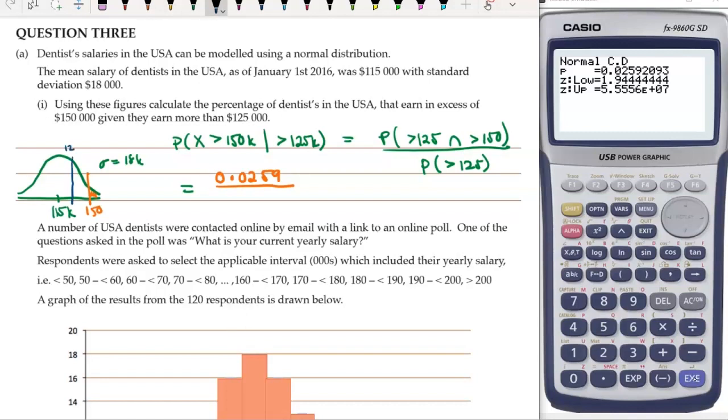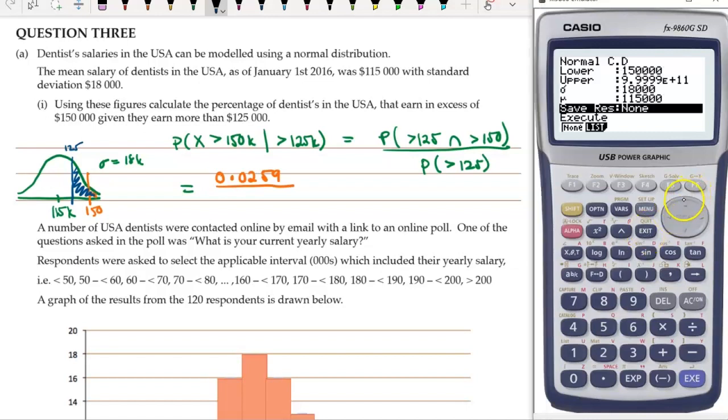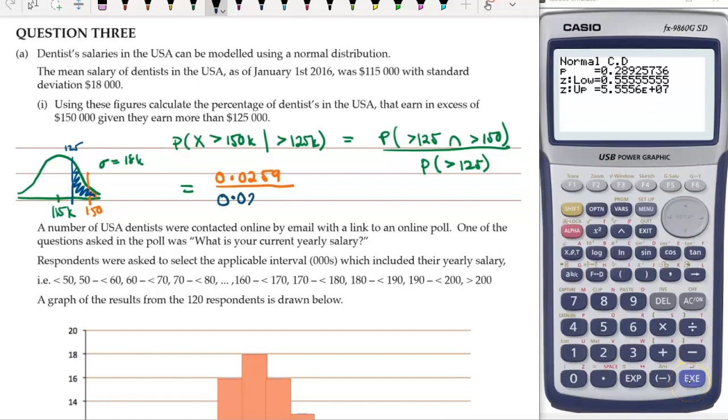And we're dividing it by the probability of being more than 125. So here's our 125 line. We want everything more than that. So same conditions, but our lower limit now is 125,000. And that is 0.2893.